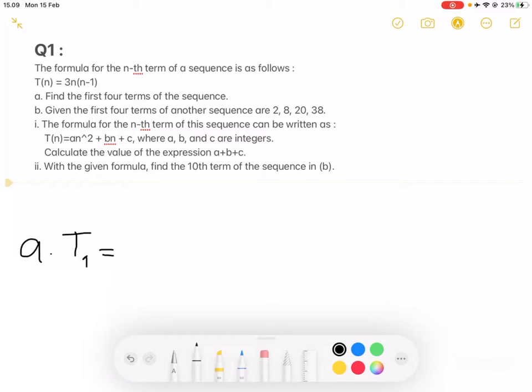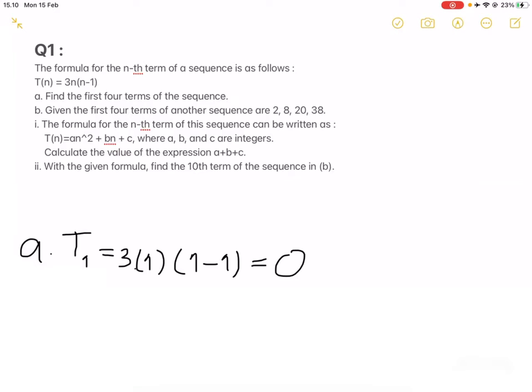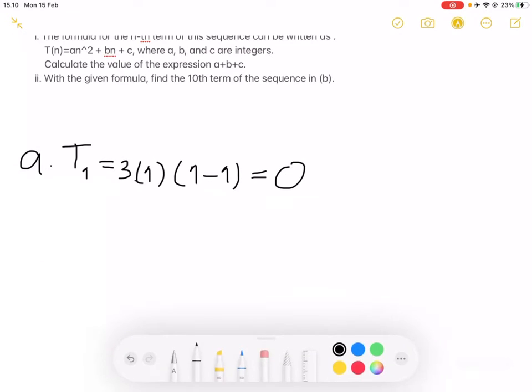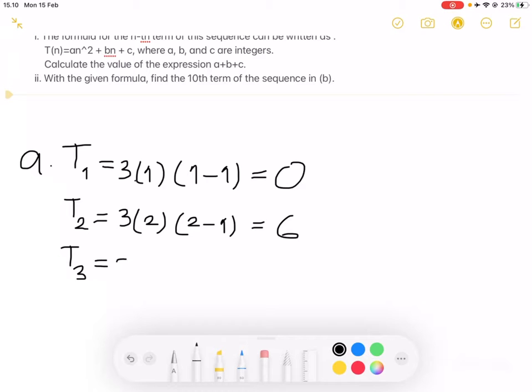For T1, you can just substitute n equals 1. So we have 3 times 1 times 1 minus 1, which is just 0 overall. T2, substituting n equals 2, we have 3 times 2 times 2 minus 1. This will be 6. And substituting n equals 3 for T3, this will be equal to 3 times 3 times 3 minus 1.